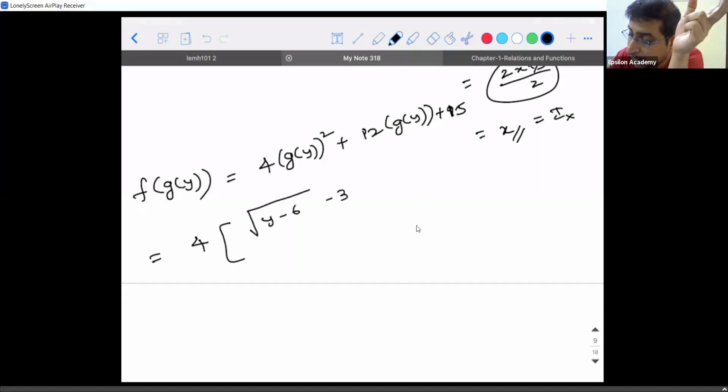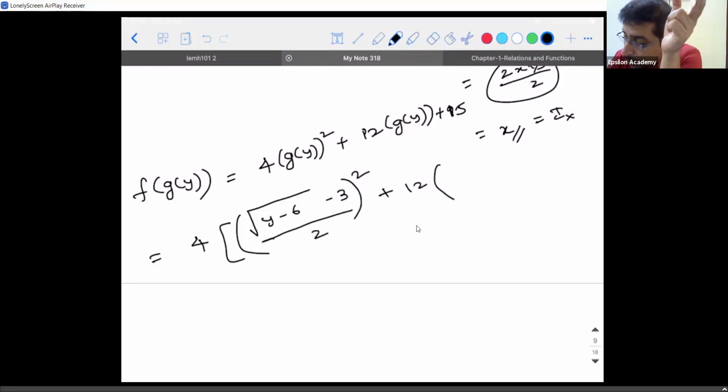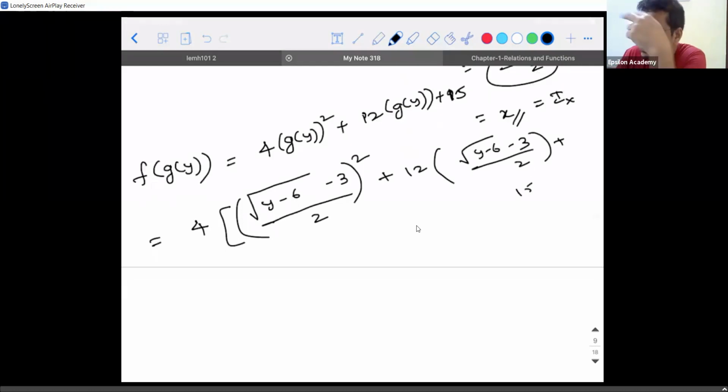4 into (root of y minus 6 minus 3 divided by 2) the whole square plus 12 into (root of y minus 6 minus 3 divided by 2) plus 15.